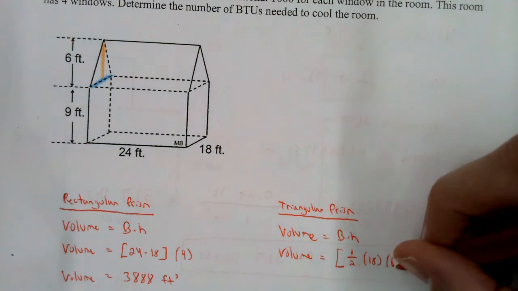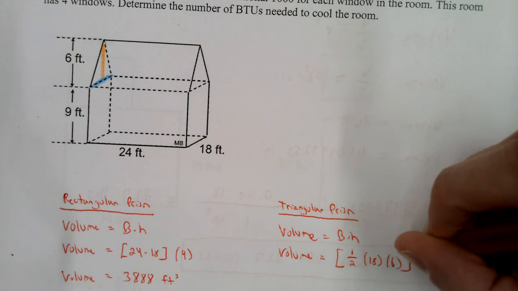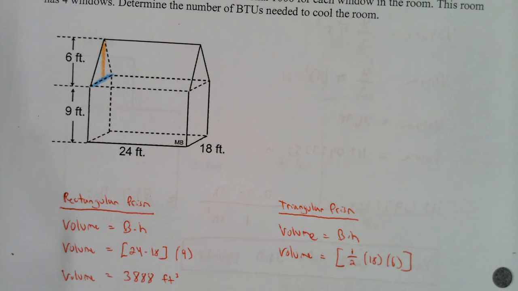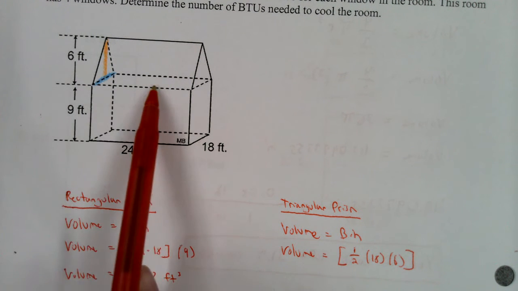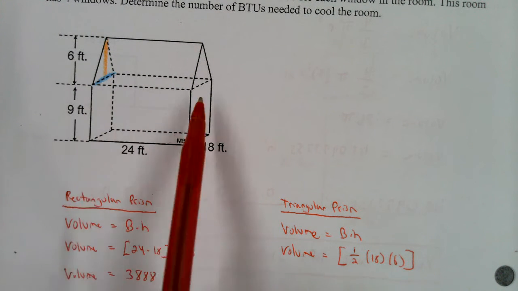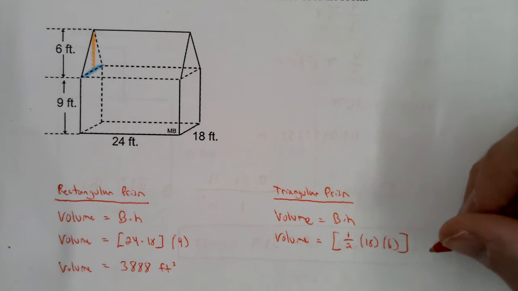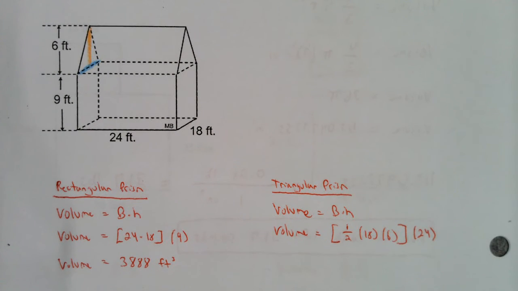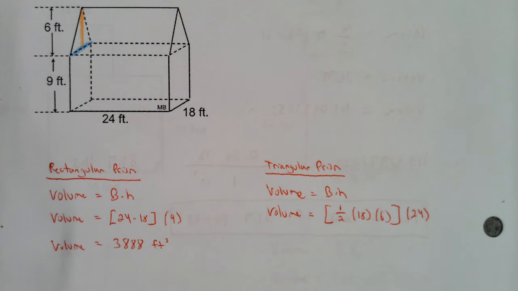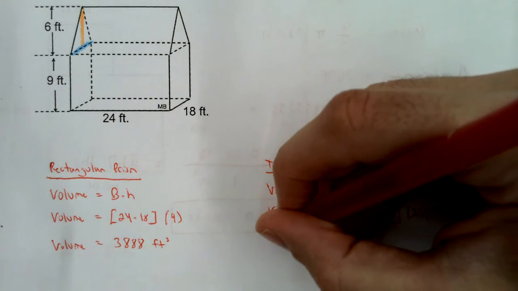Okay, so 1/2 times 18 times 6, that's the triangular base. And then the height of that prism is 24. So those are the 4 numbers you're going to multiply. 1/2 times 18 times 6 times 24. That gives you 1,296 feet cubed.